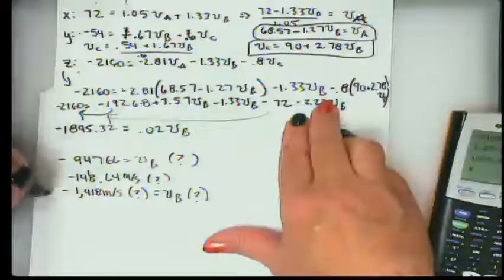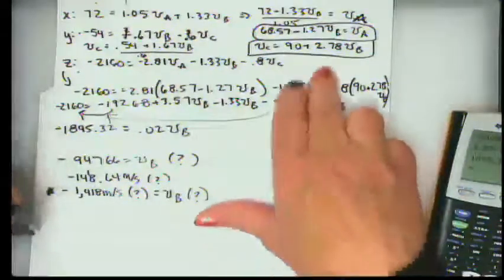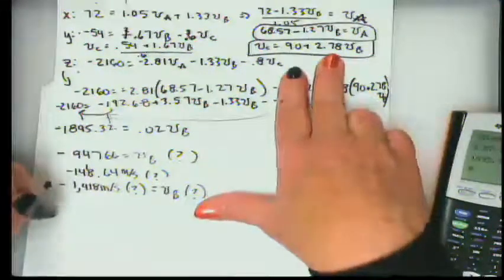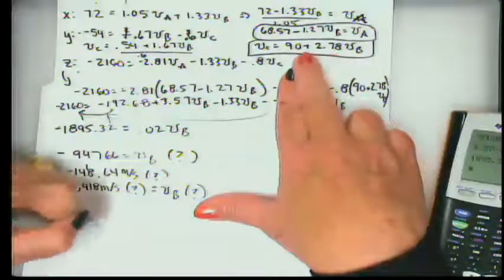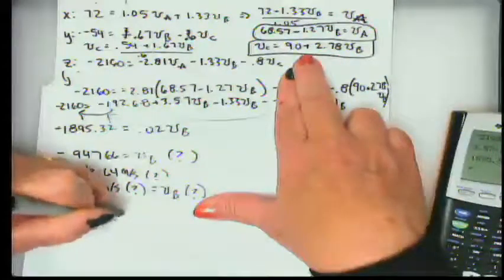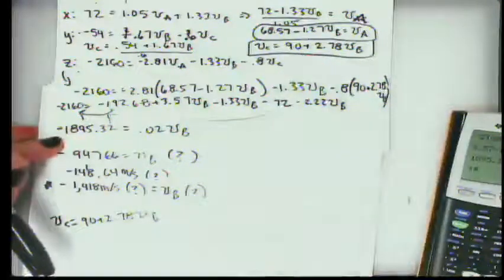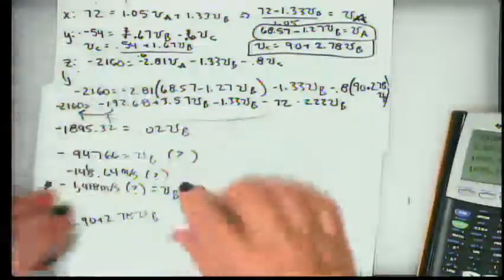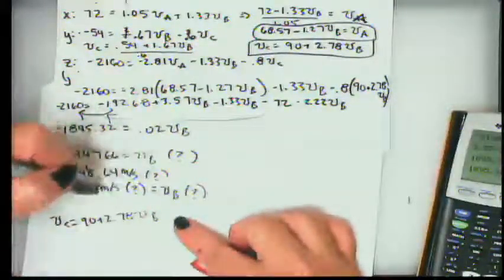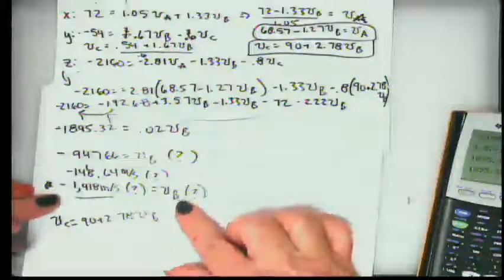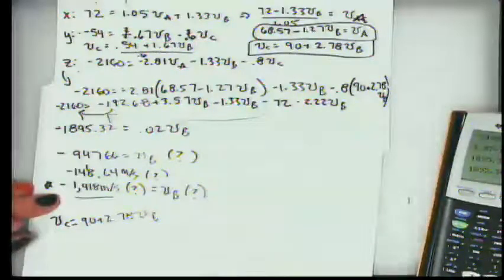If V sub B were indeed this value, then we could say V sub C is equal to 90 plus 2.78 V sub B. So we could take that value, 1895, and that would be in, I did write meters per second, yeah. Okay, and it should be positive. It doesn't make any sense for it to be negative.